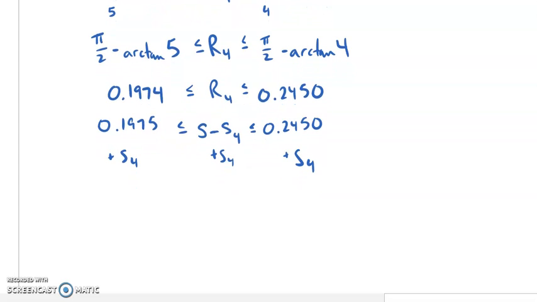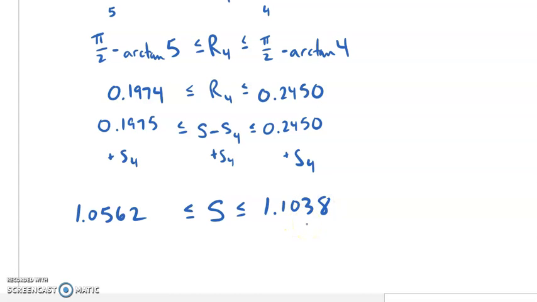If we add that particular value to our lower bound and to our upper bound, then we're going to get an interval within which our mystery value S resides. That works out to be a lower bound of 1.0562. So S is at least as big as that, but is definitely no bigger than 1.1038.